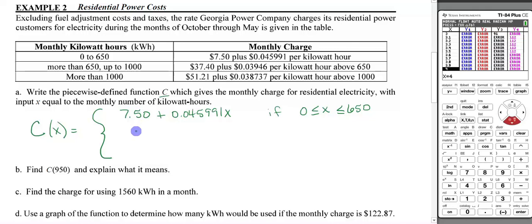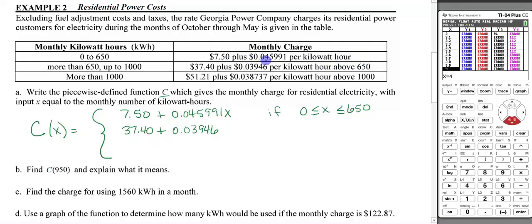All right, the next tier would be $37.40 plus 0.03946 per kilowatt hour above 650. So if they are using 500 kilowatt hours, we're not multiplying this by 500 and then adding the 37.40 because 500 is not above 650.